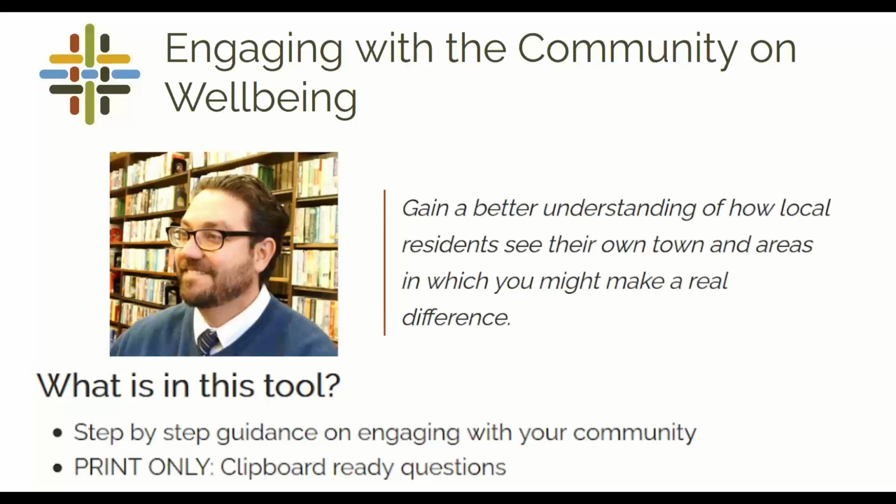So instead of asking the Ask exercise questions like, what are your aspirations? It asks things like, do you feel like the other people in this town know what your skills and talents are? It asks things like, do you feel like you have a say in how decisions that impact the whole community are made?